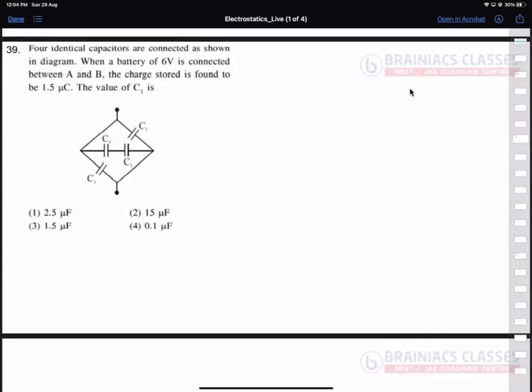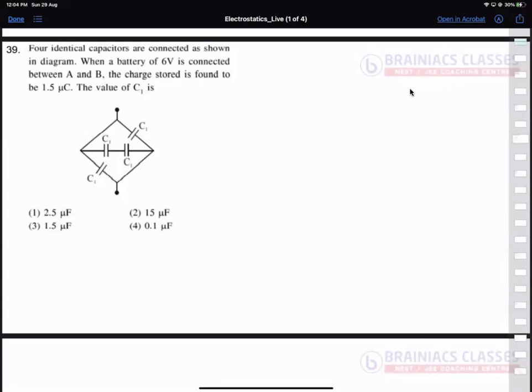What is given there? 4 identical capacitors as shown in the diagram. When the battery of 6 volt is connected between A and B, the charge stored is found to be 1.5 microcoulomb. Find the value of C1.